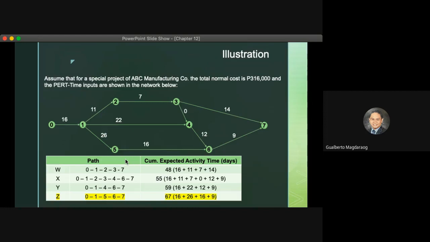So 0, 1, 2, 3, and 7 is 48 days. 0, 1, 2, 3, 4, 6, 7 is 55 days. 0, 1, 4, 6, 7 is 59 days. 0, 1, 5, 6, 7 is 67 days. So therefore, the critical path is 0, 1, 5, 6, 7.